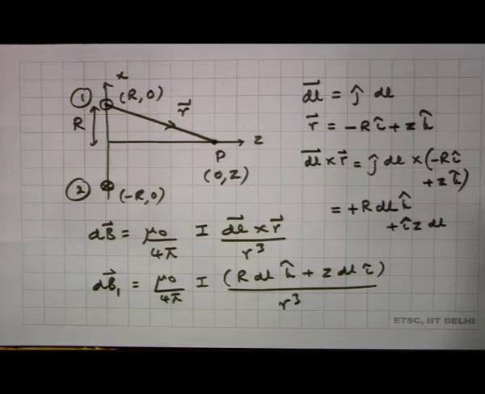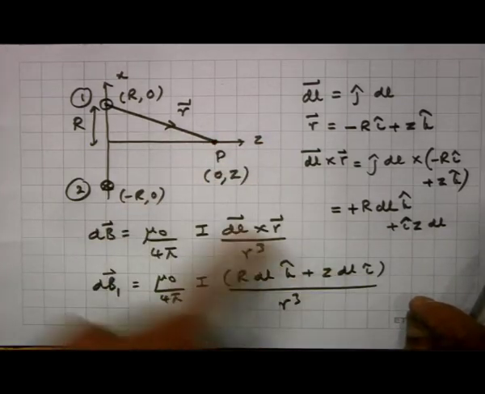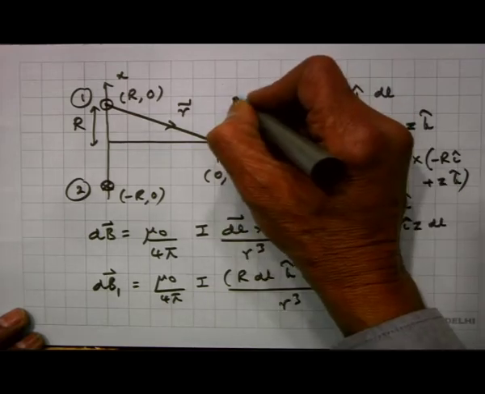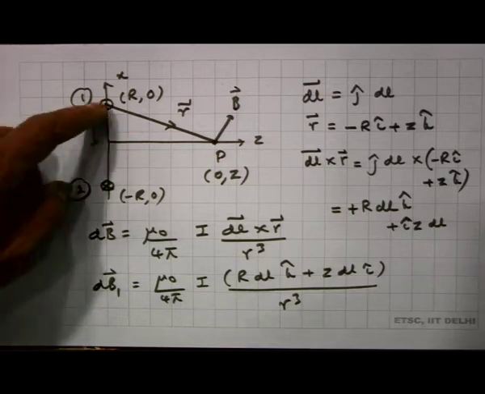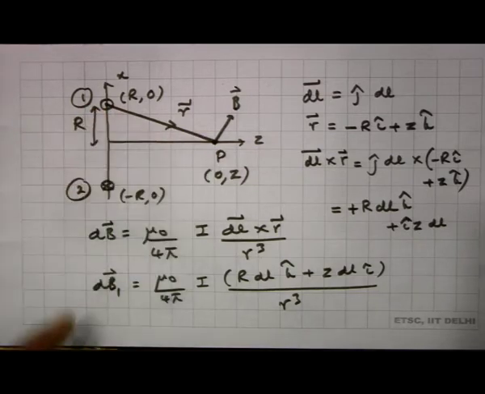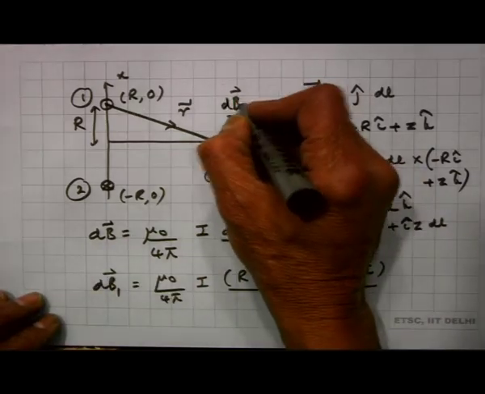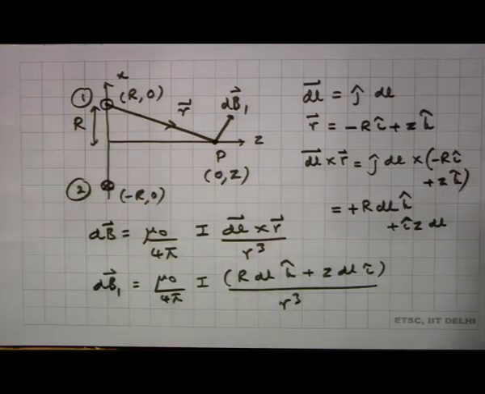That is the magnetic field produced at this point. It is a magnetic vector field. As you can see here, it has both the z component and the x component, both positive. So, it must be pointing like this. This B vector must be perpendicular to the dl vector and the r vector, because this is the equation. So, dB1 vector is perpendicular to the r vector and to the dl vector.